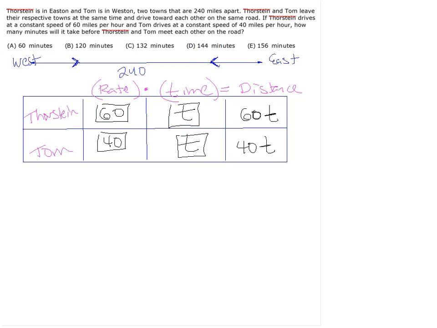Now here's the next important step. I want you to see that the distance Thorstein travels plus the distance Tom travels has to sum to the total distance. Think about that for a minute, because that's a really crucial part to the question. If one leaves from the west and one from the east, it doesn't matter where they meet.